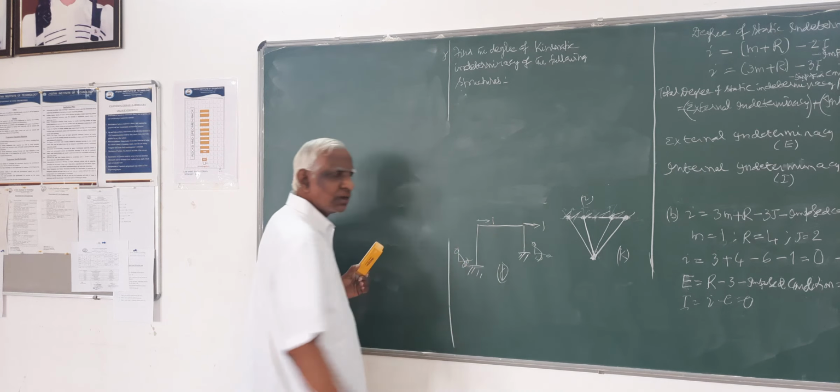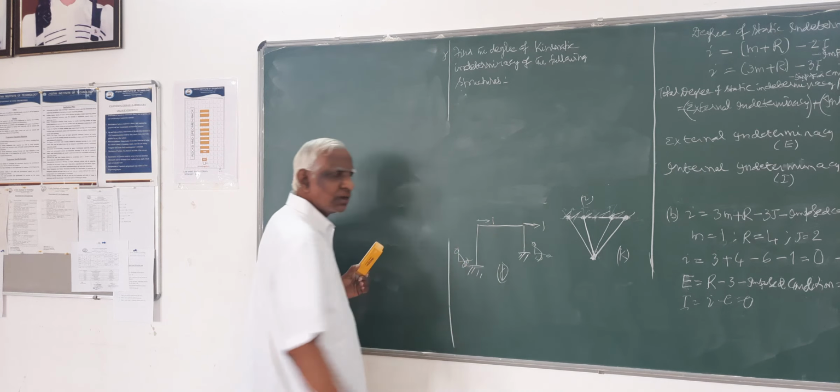So kinematic indeterminacy is 3 for the axially rigid case. This is what you have done. Maximum kinematic indeterminacy is not greater than 3. 3 is the one you have analyzed in this problem at your undergraduate level.